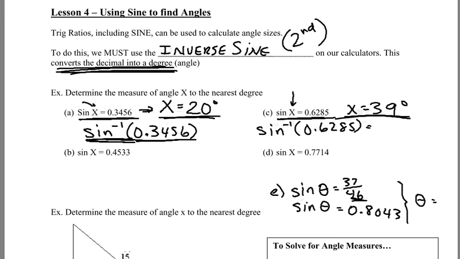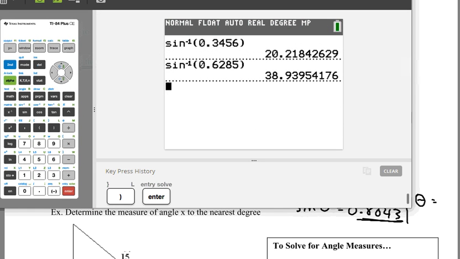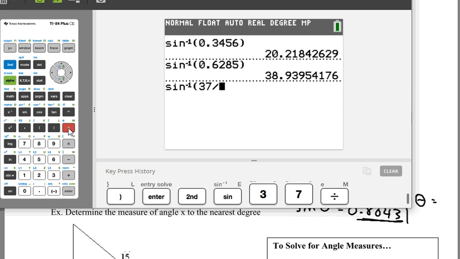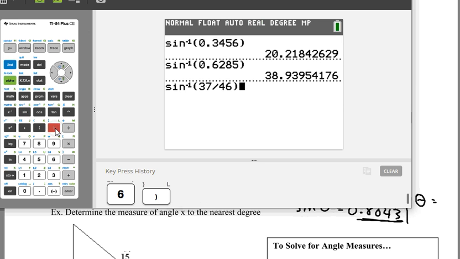It's just fraction versus decimal. So remember, we're still finding an angle, so we still have to inverse sine 37 over 46. So second function sine, remember we can punch the fraction in as a division. Sine of 37/46, hit enter, we get 53.5 or a 54-degree angle.